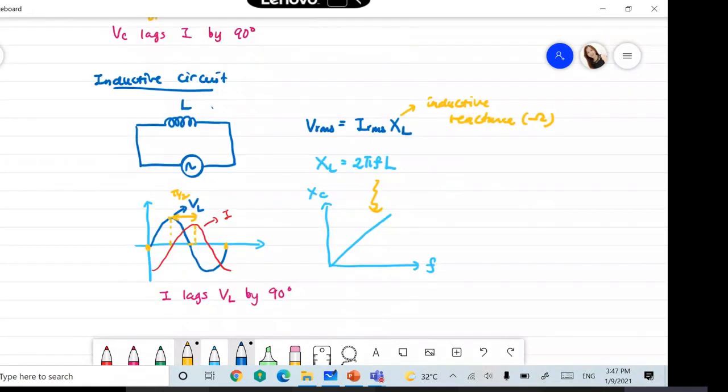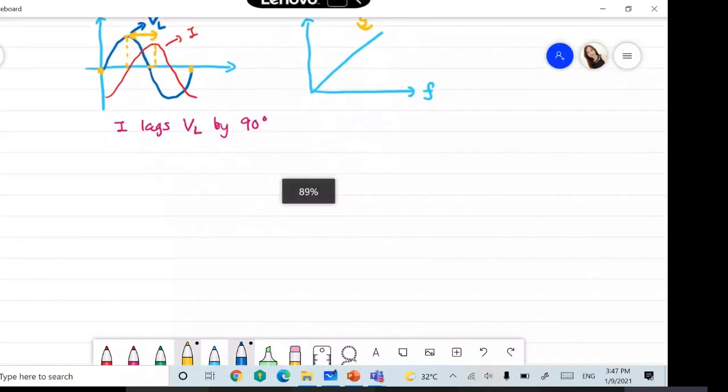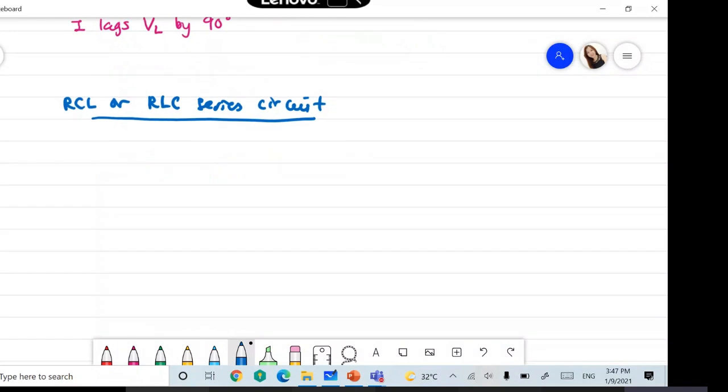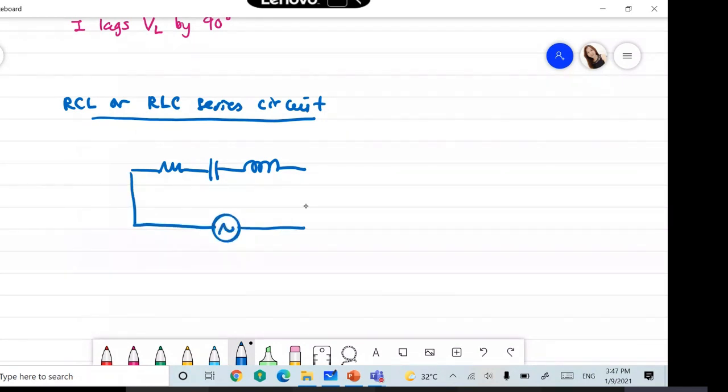If I combine these three individual circuits to make an RCL series circuit, it can be RCL or RLC, it doesn't matter. It means I'm connecting the R, the C, and the inductor in series with an AC source.